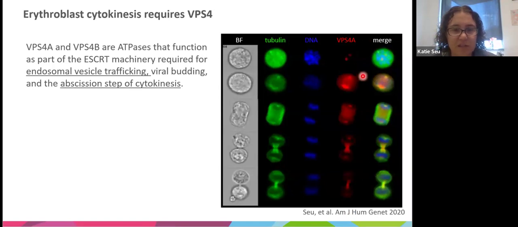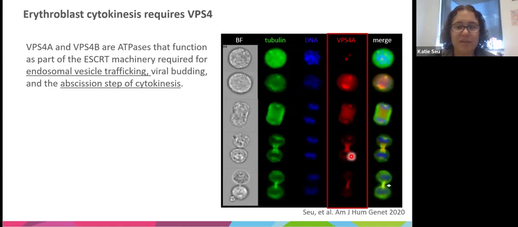We found that, as had been reported for HeLa cells in the literature, in the dividing erythroblasts, VPS4A localized to the centrosomes at the beginning of cell division, then migrated to the spindle poles, and then ultimately migrated to the midbody for the abscission step of cytokinesis. This is where it is required to perform that final step.